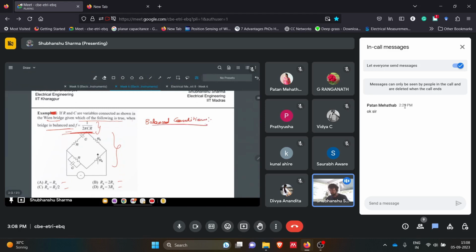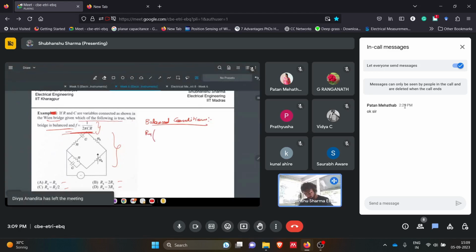So how will the balance condition look like in this case? I will write this down for you, just correct me if I'm wrong. This is the deflection here.